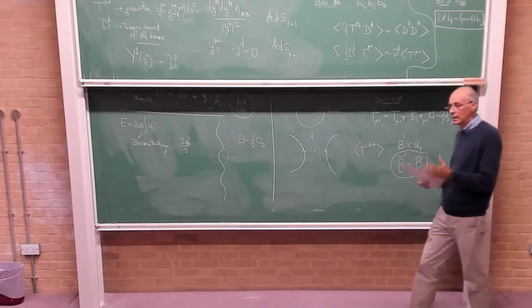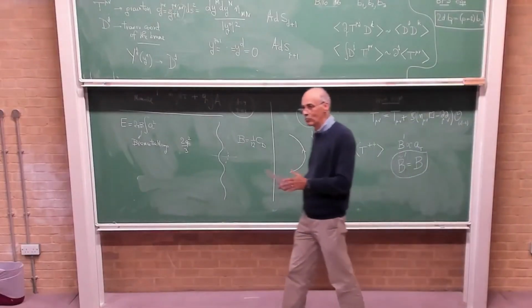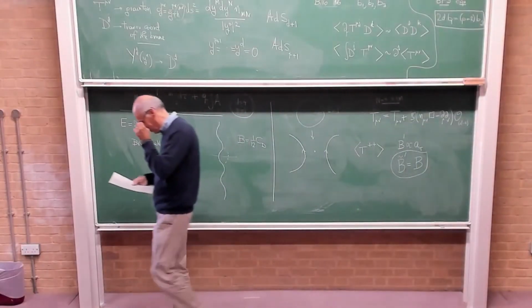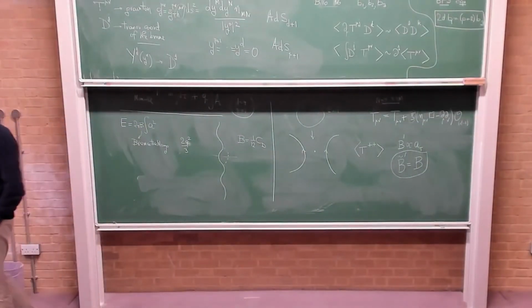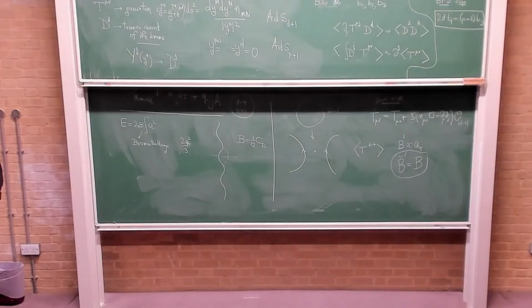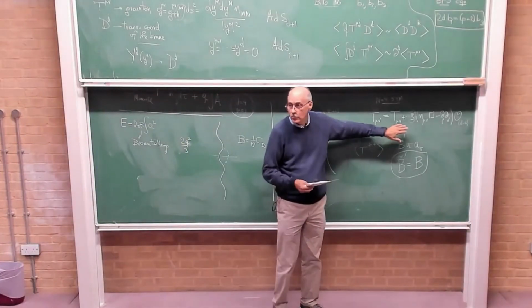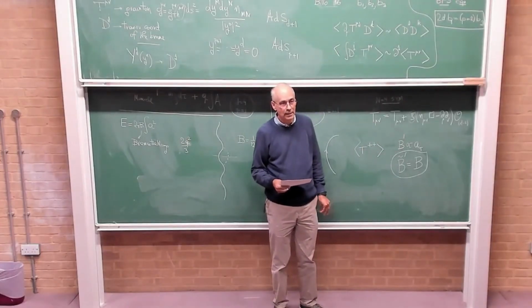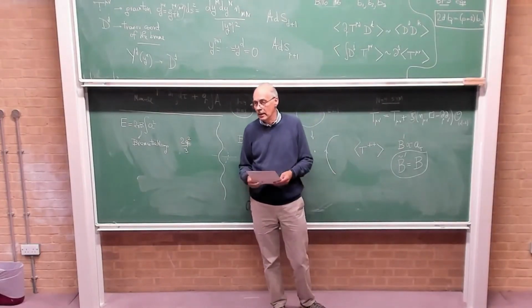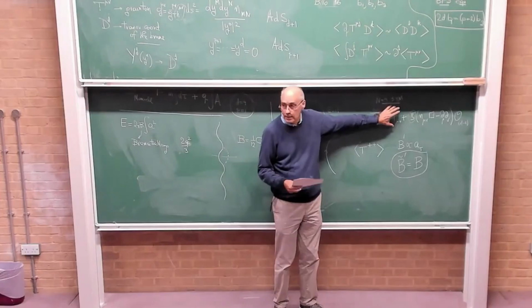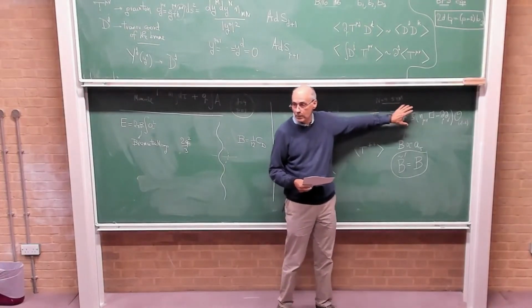It's a wrong logic giving a right result. That's what smart people do. You go through a wrong path, but the answer is right. That's an improvement, yeah. This is the traceless guy. This one is conserved, but not traceless.